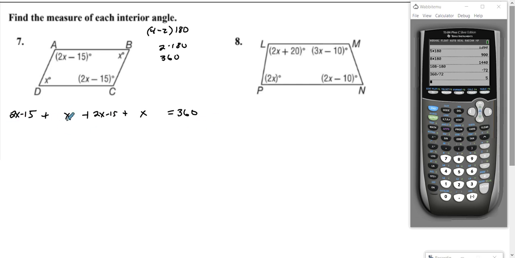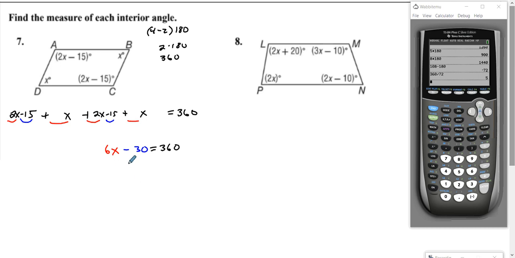2x plus another x, let me use my red pen, 2x makes 3x, 5x, 6x. Let's use blue. A negative 15 and another negative 15 makes negative 30. And then we have our equals 360. Okay, so I just went through and combined my like terms.